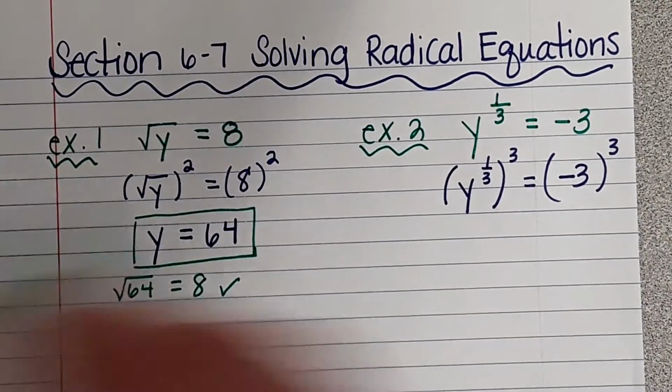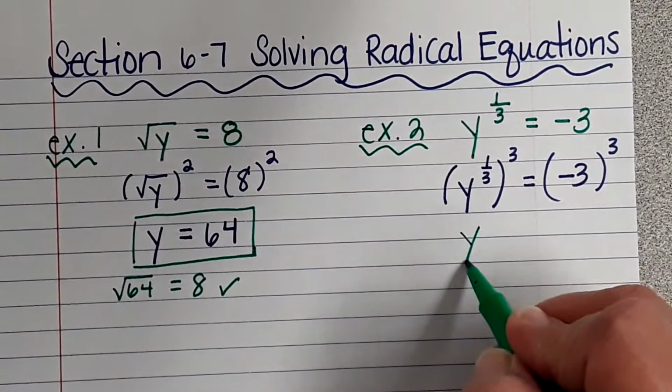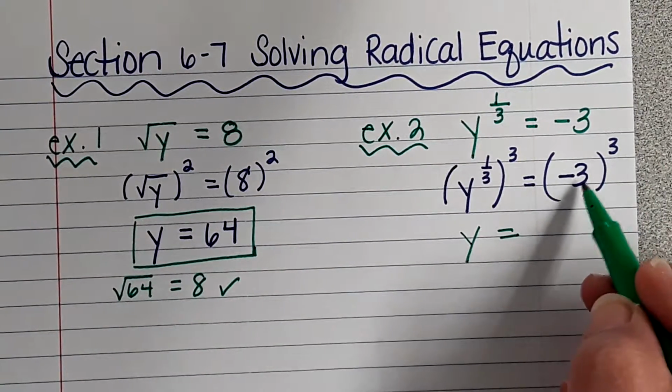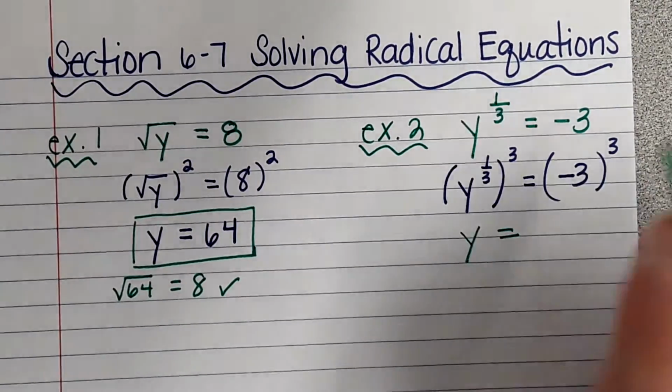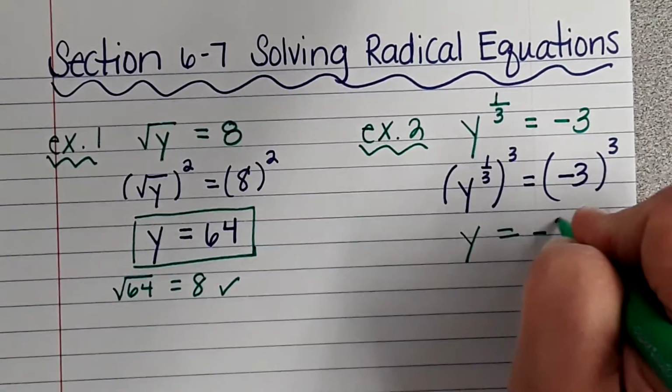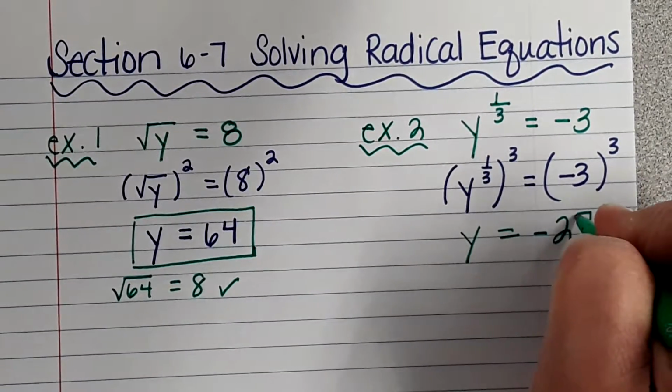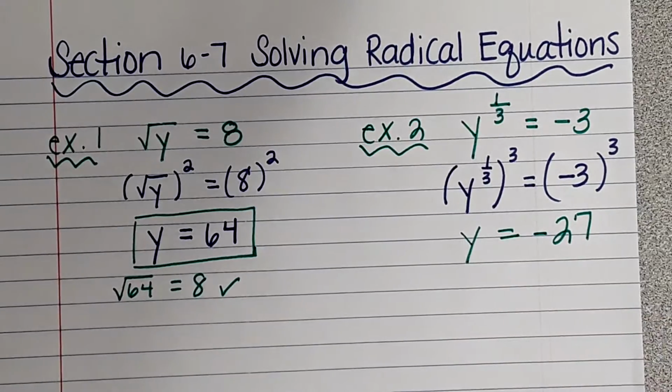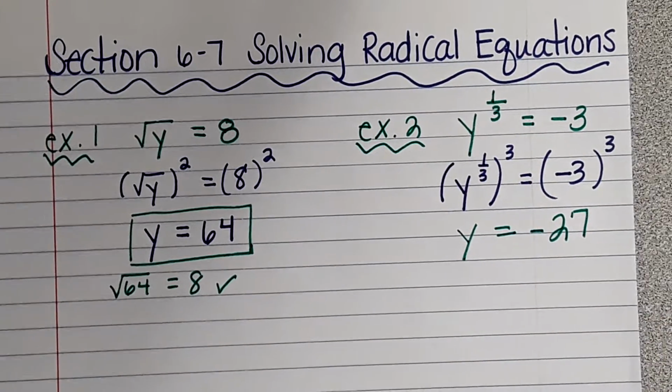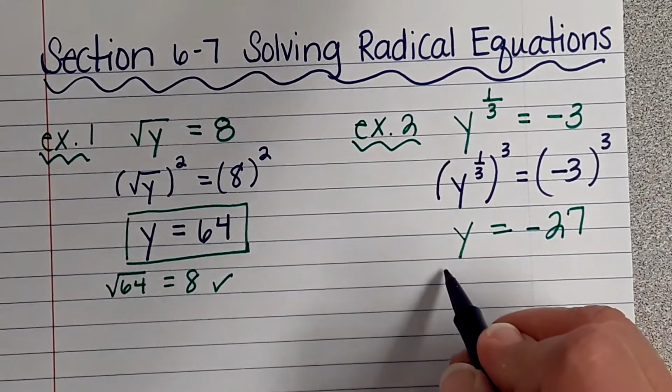So, 1/3 times 3 is y. Negative 3 to the third power. Negative 27. Yep. Then we can check it. And I'm going to show you how to use your calculator to check it.